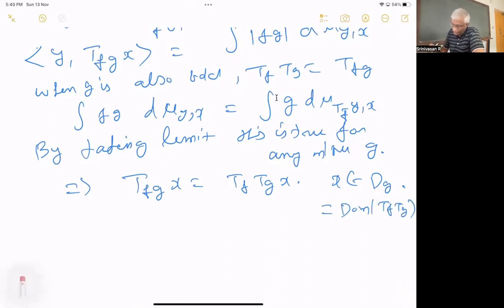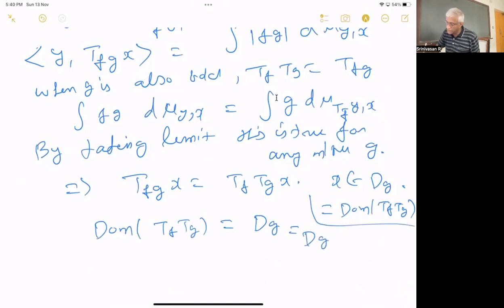So the domain of T_F T_G is equal to the domain of G, which is also equal to D_G intersection D_FG, because that is just contained in that. That is what we wanted to prove. So we have proved it when F is a bounded function.